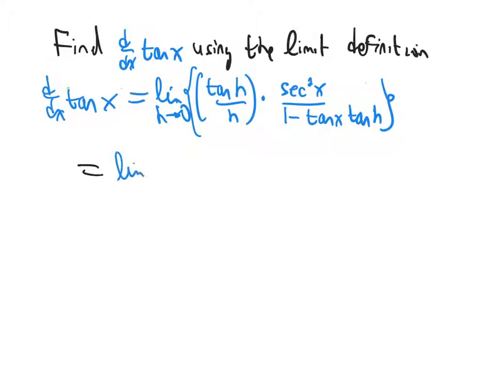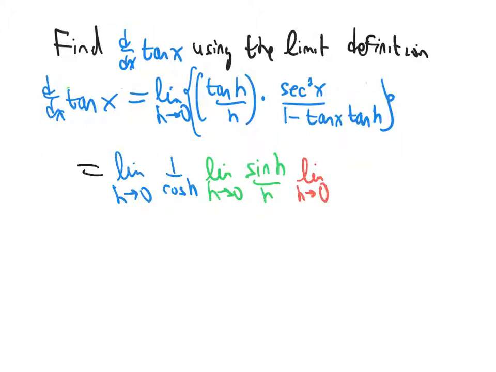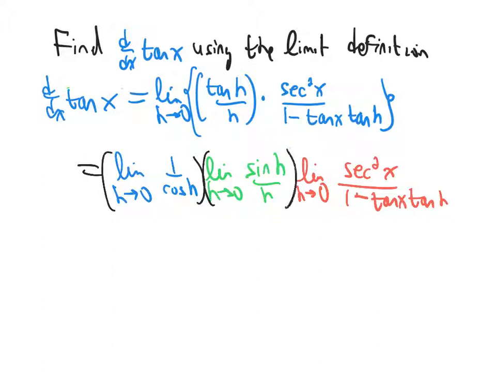We have the limit as h approaches 0 of 1 over cosine h, multiplied by the limit as h approaches 0 of sine h over h, which is multiplied by the limit as h approaches 0 of secant squared x over 1 minus tangent x tangent h. And to be explicit, we'll put these in parentheses, though it's a bit optional.